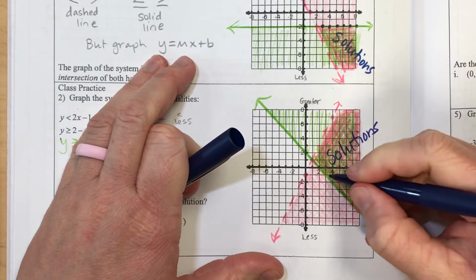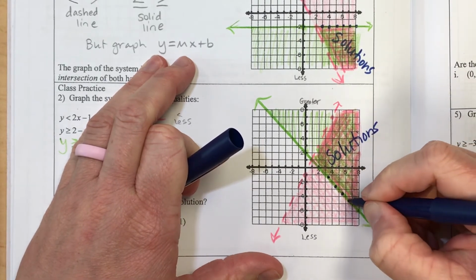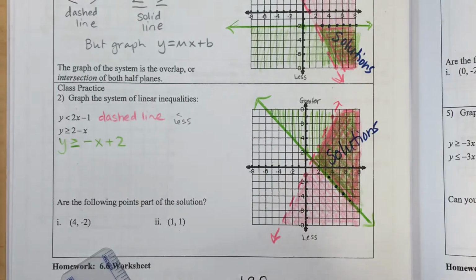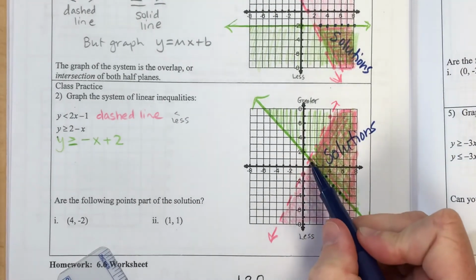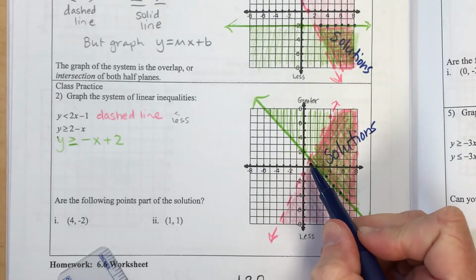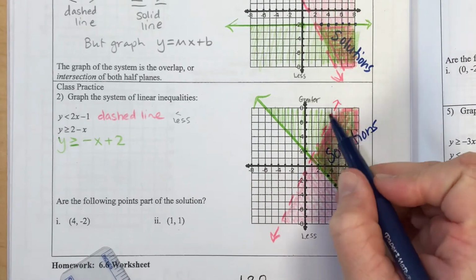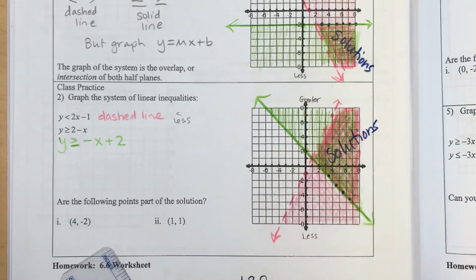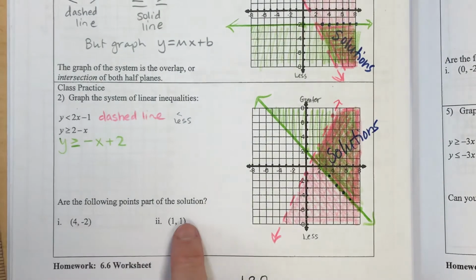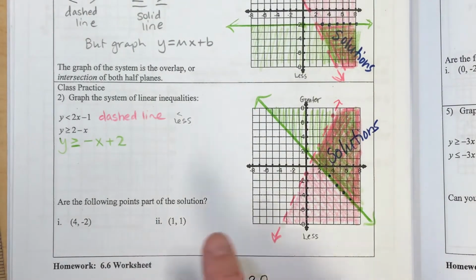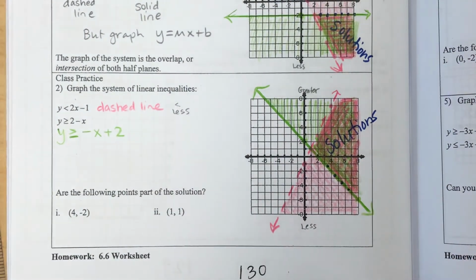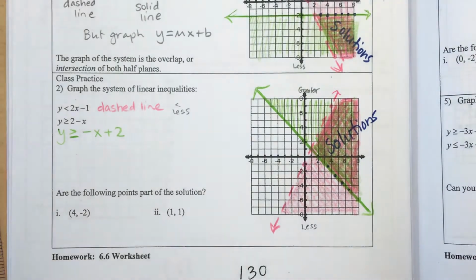So solutions would be on this green line here, or inside your shaded region, not at the intersection point because that also touches a dashed line, and also not on that dashed line because points on a dashed line won't work. I have 2 points here that we want to identify, and then we're going to say yes or no if those points are a solution to our system.